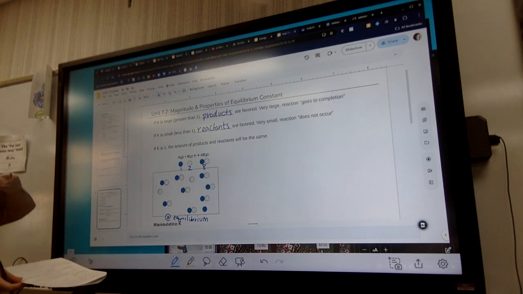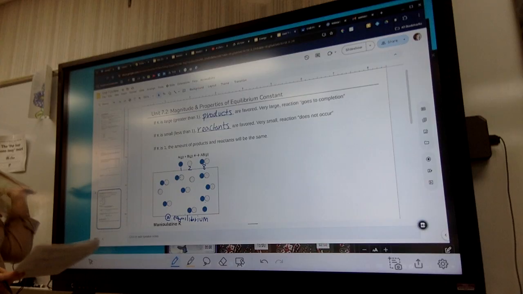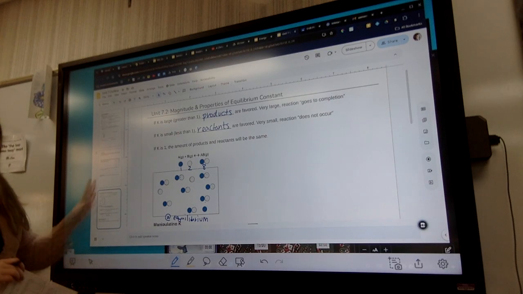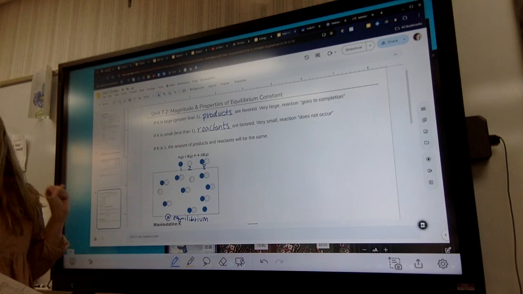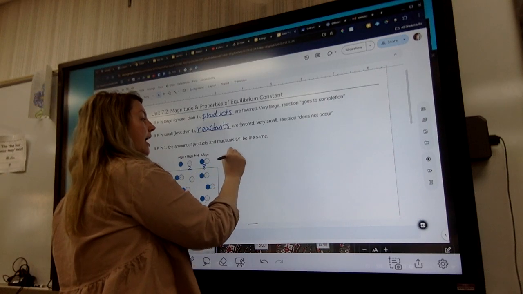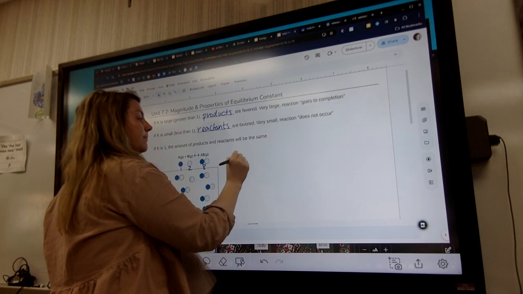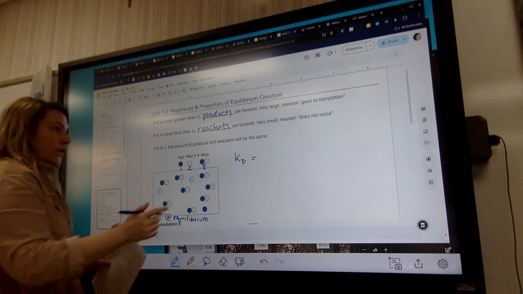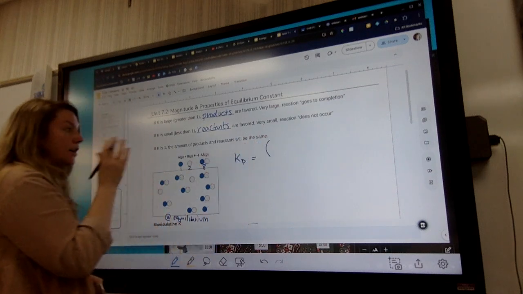So what we can do is plug those in to our K value. They're acting as the pressure of the overall gases. So for our KP, we would have products over reactants.